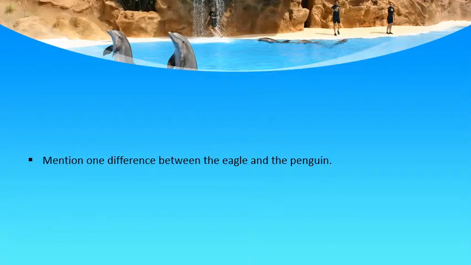Mention one difference between the eagle and the penguin. How are the eagle and the penguin different? The penguin doesn't fly. Even though it has two wings, it doesn't fly. The eagle flies.